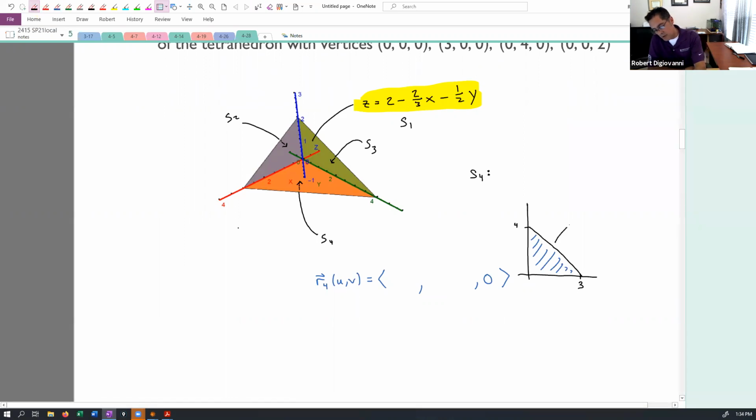I hope that everyone is comfortable with the idea that this is the line y equals, let's see, what's the slope of this? Down 4/3, negative 4/3, x plus 4. Right, that's the slope of this line. So that's the relationship we have.